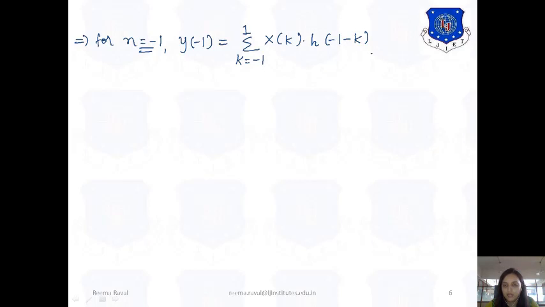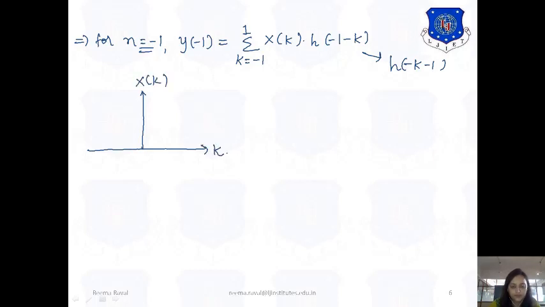So -1 minus k, we can say that it is -k -1. Okay. Let us plot the sequences for that. X of k, and over here we will plot h of -k -1.